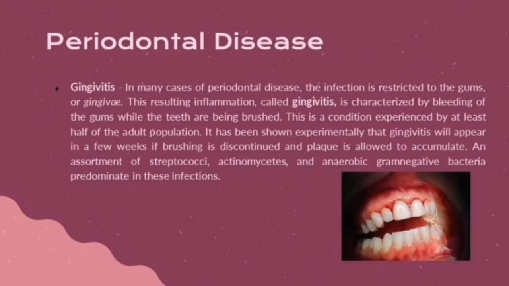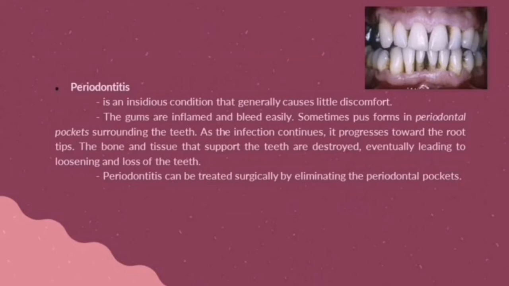It has been shown experimentally that gingivitis will appear within a few weeks if brushing is discontinued and plaque is allowed to accumulate. An assortment of streptococci, actinomycetes, and anaerobic gram-negative bacteria predominate in these infections.